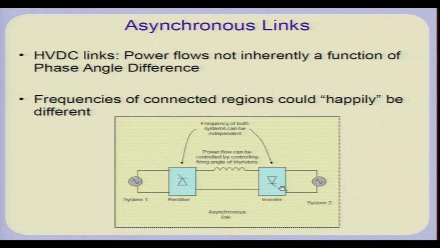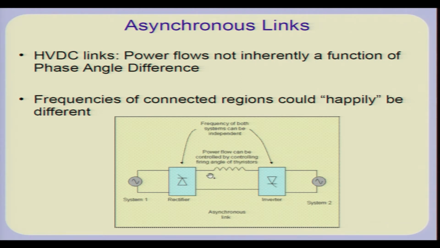So, there are two things which can be achieved: frequency can be different, so there is no problem of relative angle stability between these two grids. Within the two synchronous grids, of course, you could have frequency and angular stability problems. But between these systems there is no question of having swings etc., if the power flow is regulated and independent of the phase angular difference.